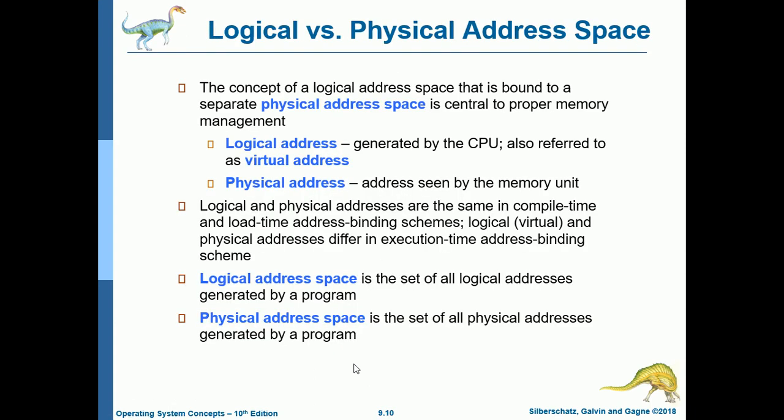Next, we have logical versus physical address space. The concept of a logical address space that is bound to a separate physical address space is central to proper memory management. The logical address is generated by the CPU, also referred to as the virtual address, and the physical address is the address seen by the memory unit.